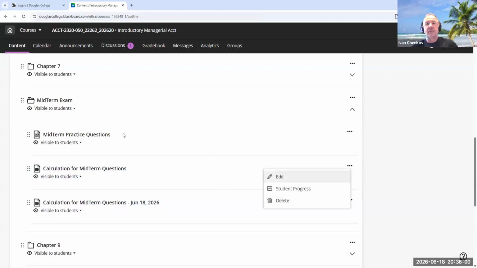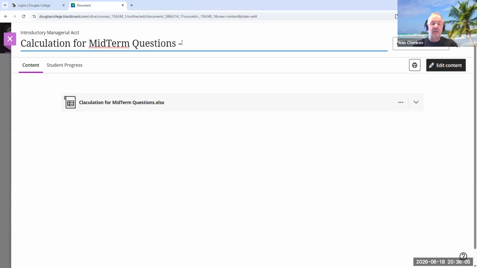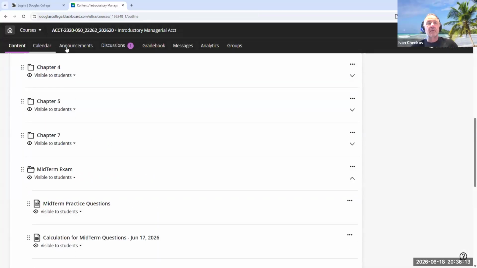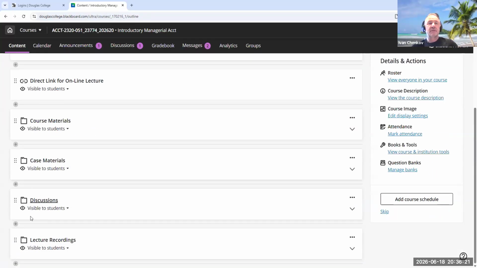One is from June 17th, the other one is from June 18th. Let me label this one June 17th, 2026. And I'm gonna post it to the other group as well, so they can have it too, just in case.